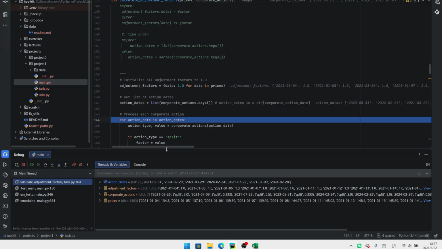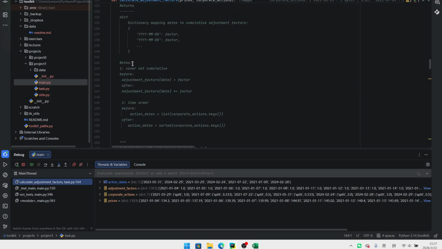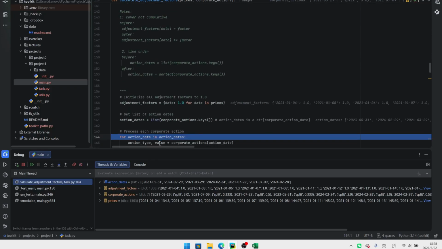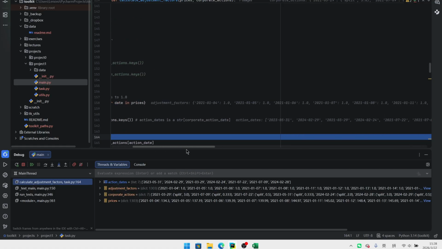It is the corporate action keys. Let's equals corporate action keys. What is corporate actions? Corporate actions is date, action type, value. It's a list of the corporation dates.